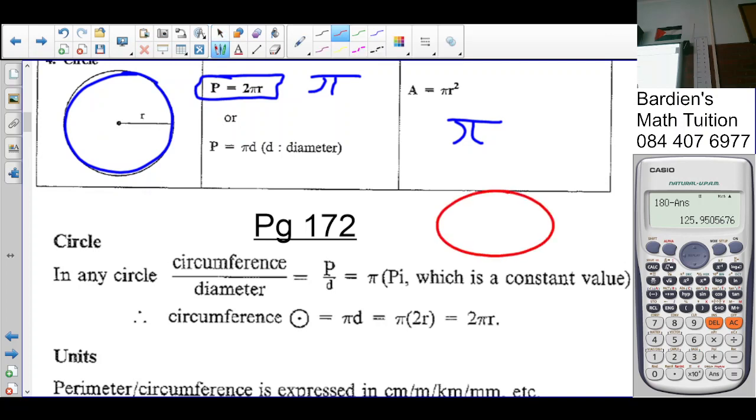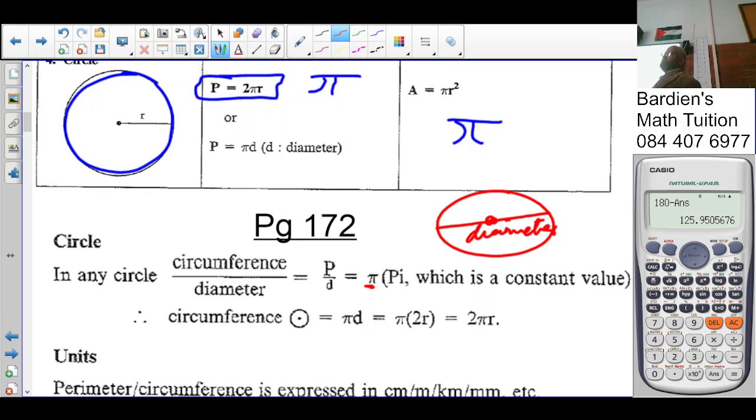The circle has a chord, and the chord going through the center of the circle is what we call a diameter. So your circumference, the perimeter of the circle, divided by your diameter will give you pi.